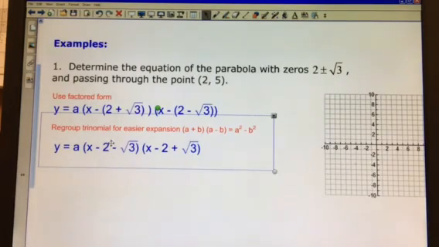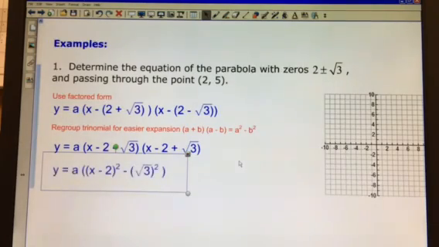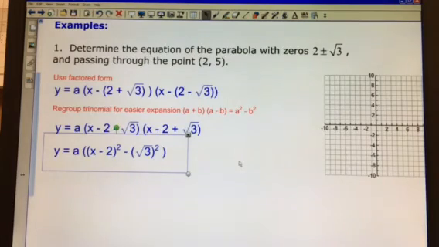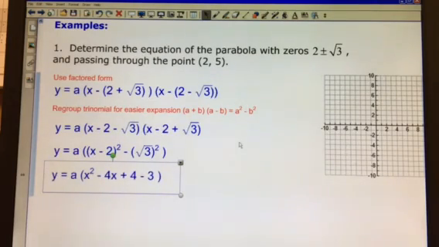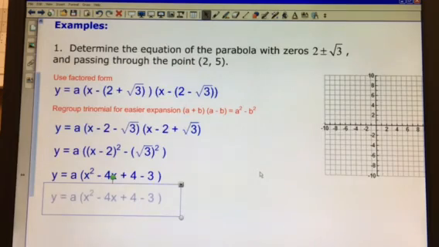If I group x minus 2 together and x minus 2 together, I can expand and simplify like this as a difference of squares. Square the first term minus square the second term. And then expanding x minus 2 squared, you get x squared minus 4x plus 4. And then square root of 3 squared is negative 3. Simplify, you get y equals a times x squared minus 4x plus 1.